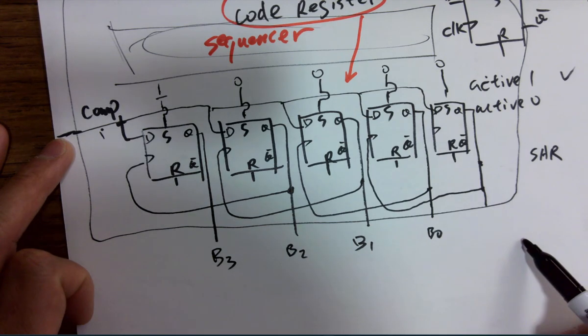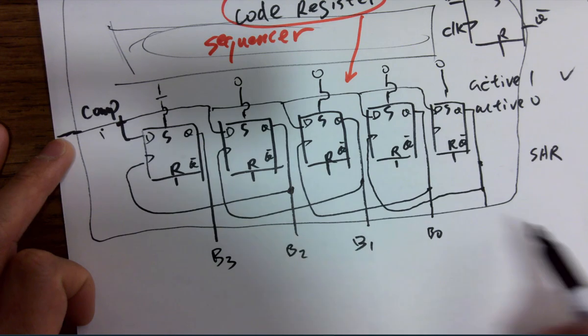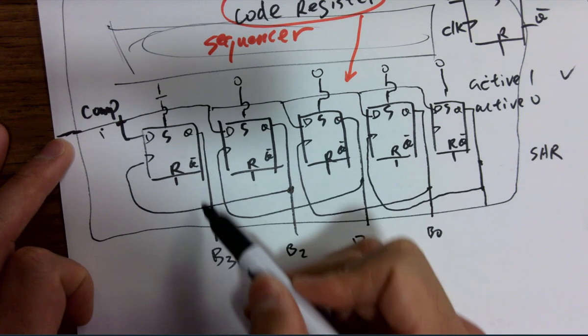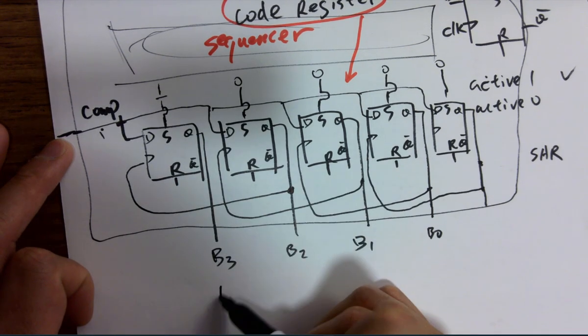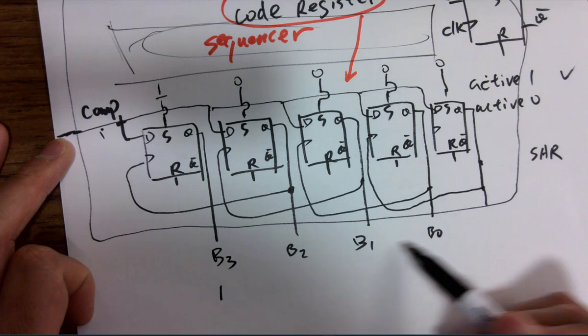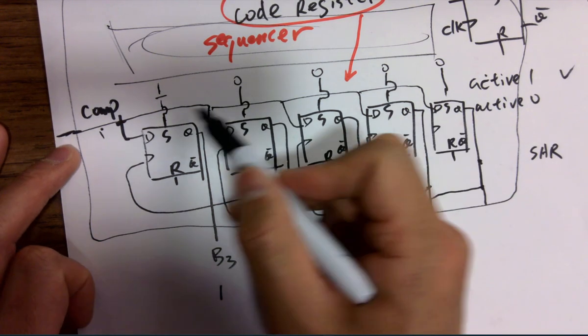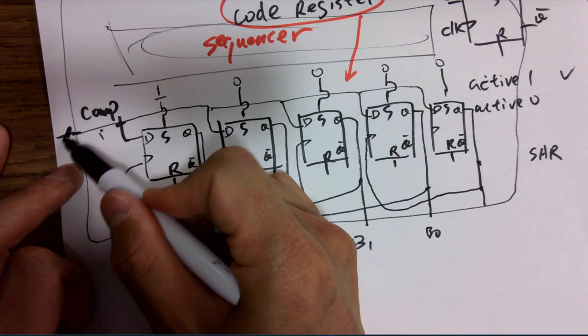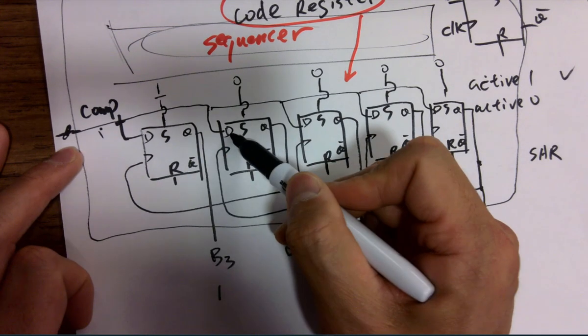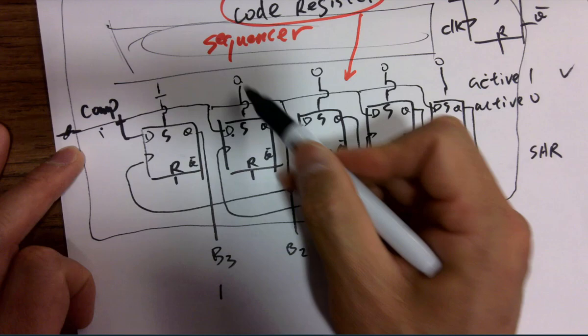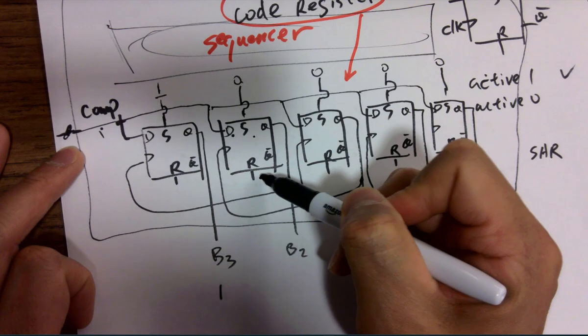What is the output? Because this one is being set, it's just forcing that. It's a 1, right? And for the rest, you don't do anything. There's no input. But the comparator's output is being fed into D, and you are not setting or resetting, assuming this is 0.